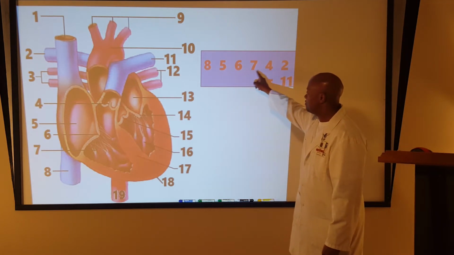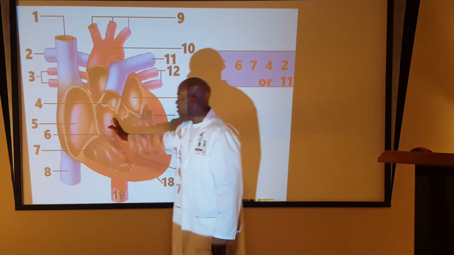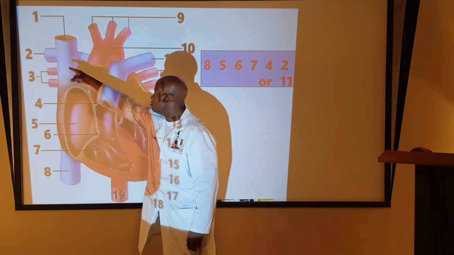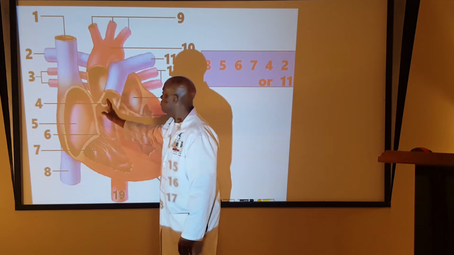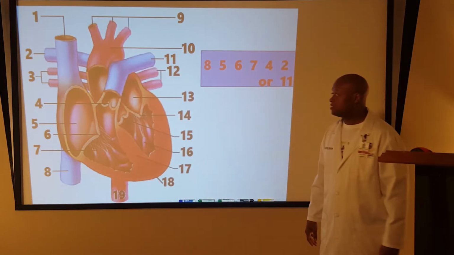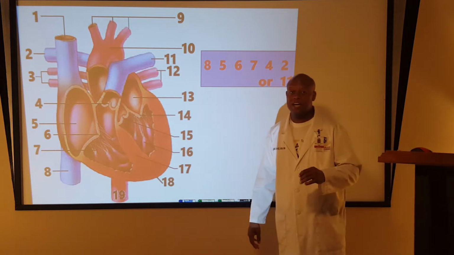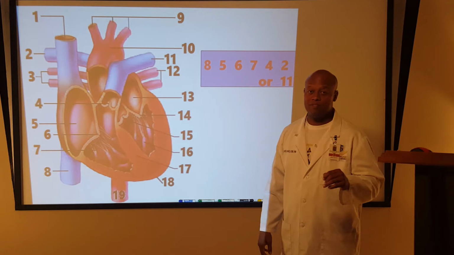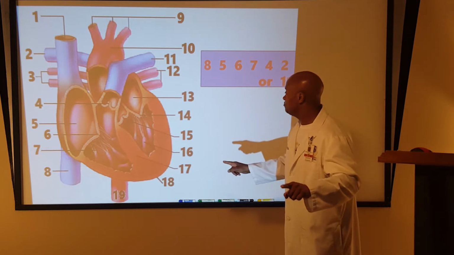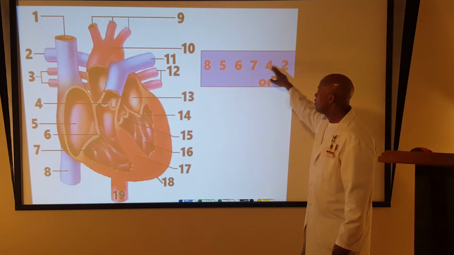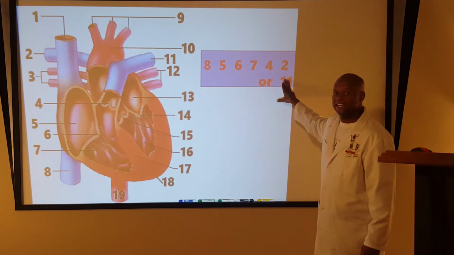So then after that, coming through the pulmonary circulation here, we got branching off to number 2, headed to the lungs, or we got branching off to 11, going to the lungs. So you could have picked either one of those pulmonary arteries, 2 or 11, right? So ultimately, 8, 5, 6, 7, 4, 2, or 11.